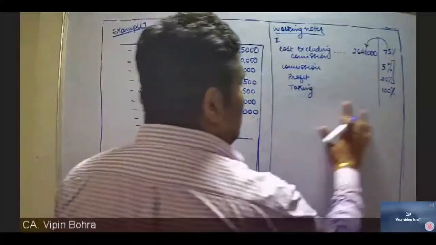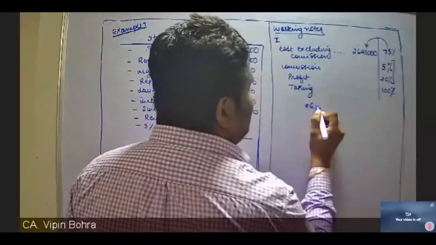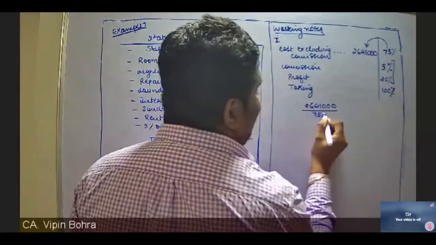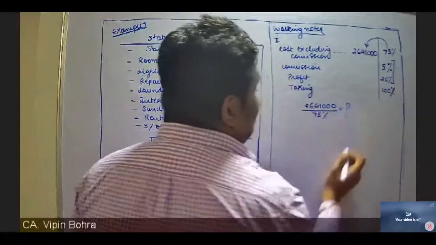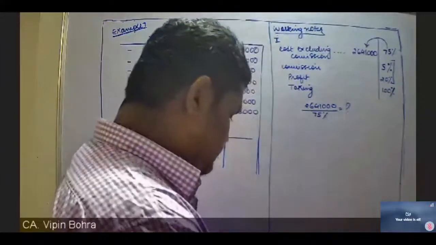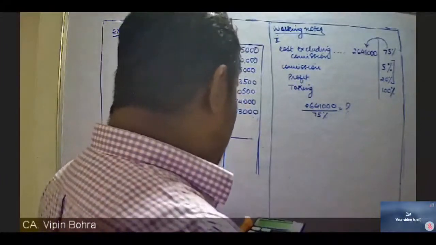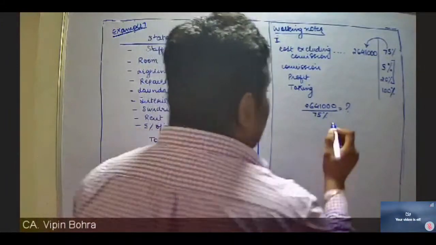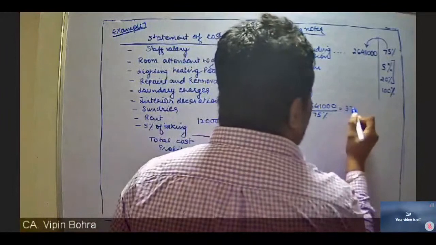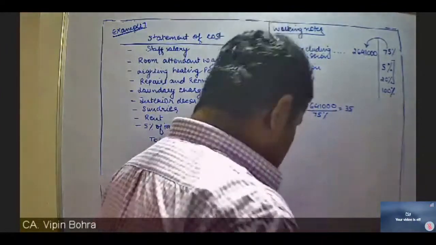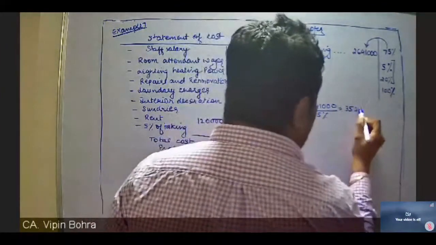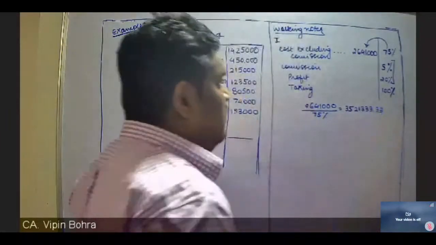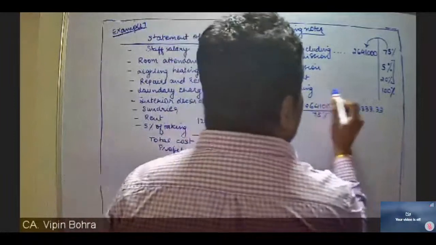So now this 26,41,000 is basically 75% of the taking. So how much will be 100%? 35,21,333.33. So we have got the total takings now.